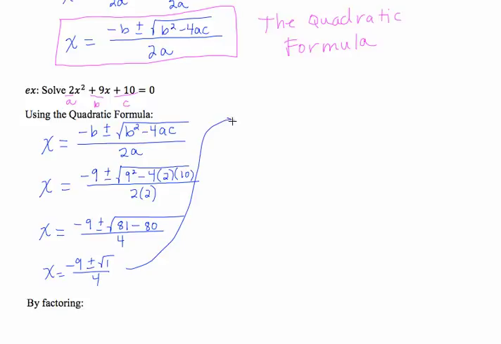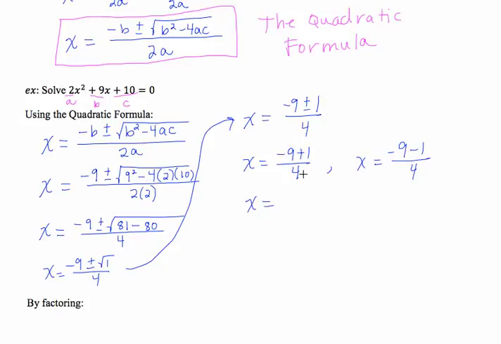We can keep simplifying because the square root of 1 is 1. So we have negative 9 plus or minus 1 over 4. Now there are two answers here, so let's write them out separately so that we can simplify each of them. One goes with the positive, one goes with the minus.